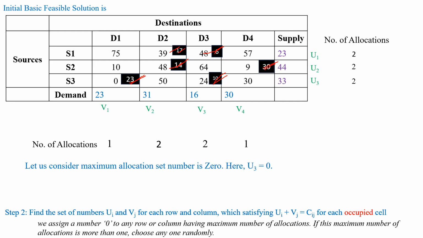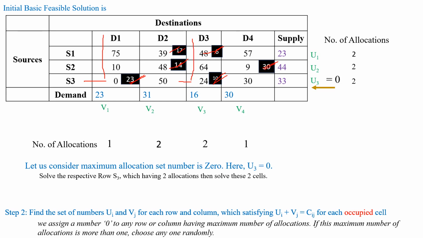Then we have to solve the row S3 which has 2 allocations. One allocation is at the S3 row and D1 column. Another allocation is at the S3 row and D3 column. So first we have to solve these 2 cells.